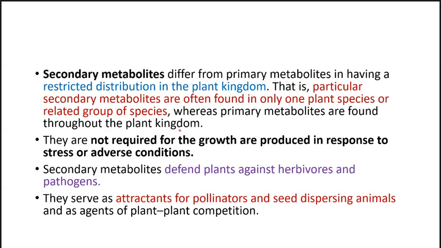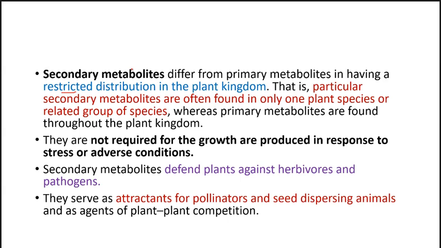See, they have a restricted distribution. Secondary metabolites have restricted distribution in the plant kingdom. Now what do you mean by restricted distribution? It means that a particular plant will produce a particular type of secondary metabolite. There are different kinds of secondary metabolites, and a particular one is restricted to one group of plant only.